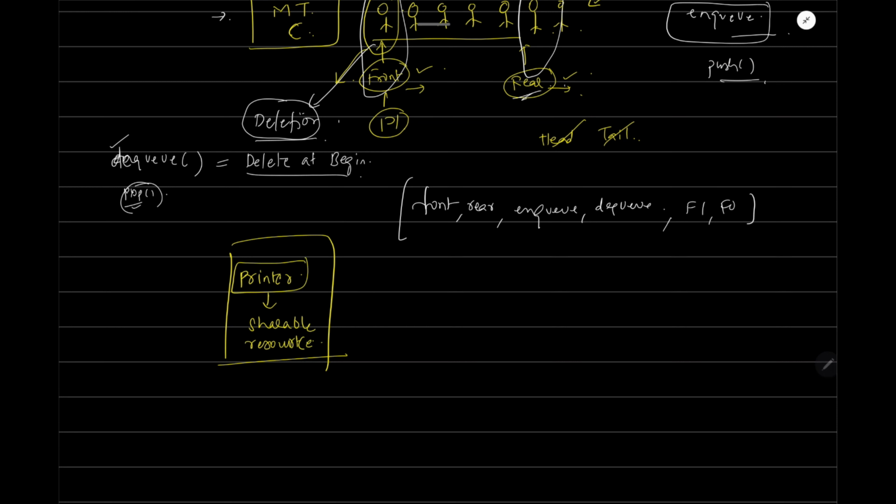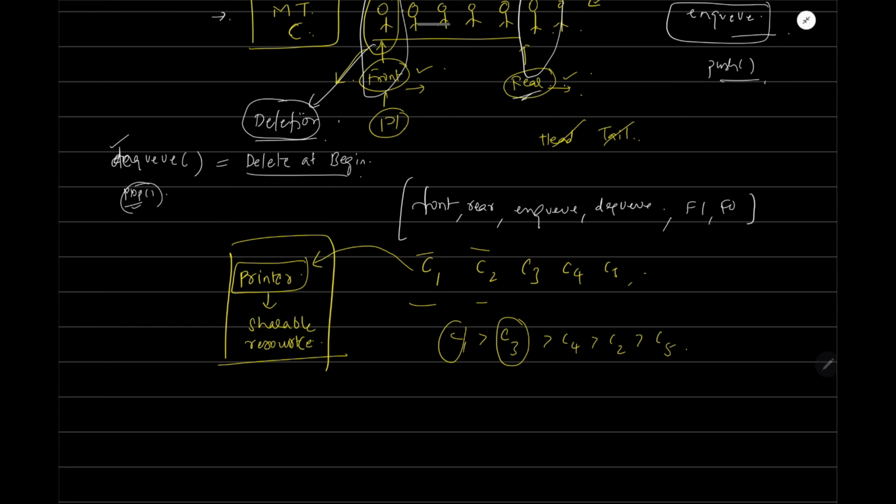This printer is there, and there are different computers, C1, C2, C3, C4, C5, etc. Let's say computer C1 wanted to access it. It first requested, got connected to the printer and requested a printout. Next C3 requested, then C4 requested, then C2 requested, and finally C5 requested.